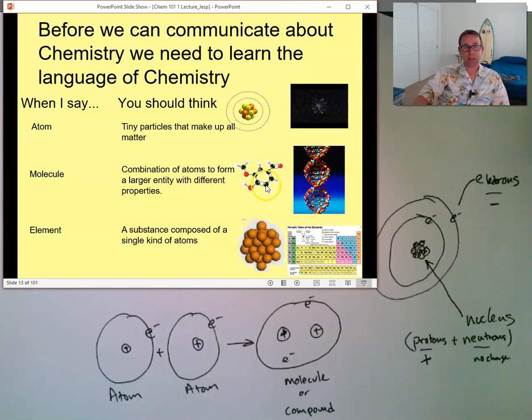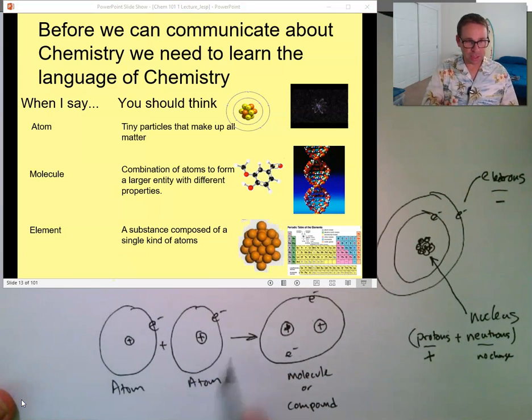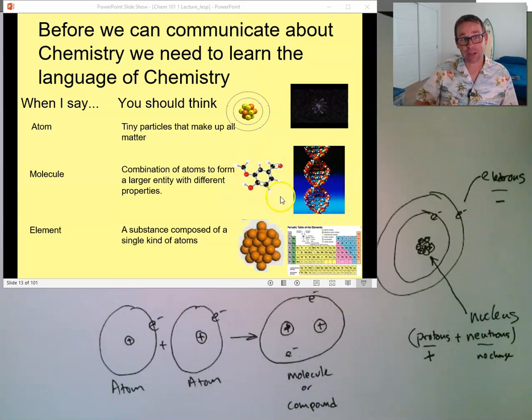Each black atom represents a carbon atom. Each red one represents oxygen. So bringing atoms together forms molecules, and this molecule here is pretty complex. Lots of different kinds of atoms organized in a specific way.